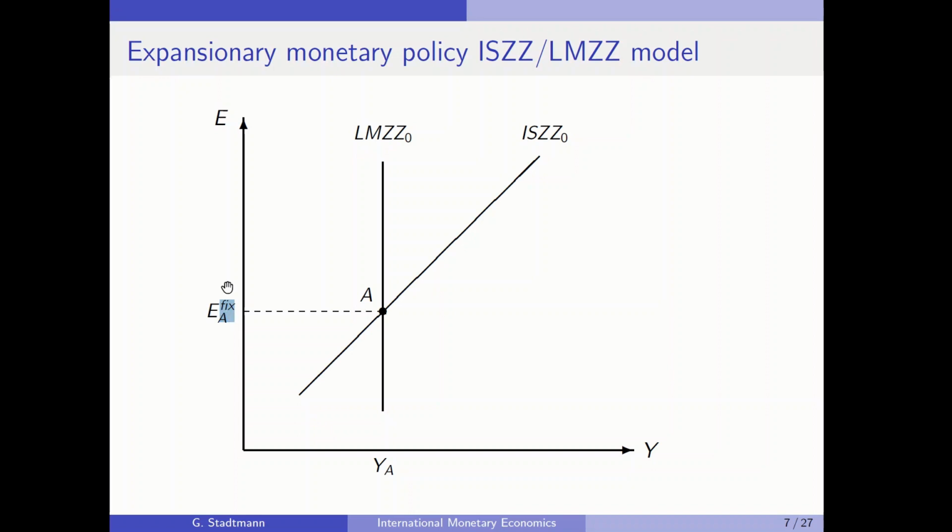In the first step, we want to perform an expansionary monetary policy, and we want to find out how this shock is digested. We proceed as follows. First, we analyze how this shock would be digested if we lived in a floating exchange rate world.